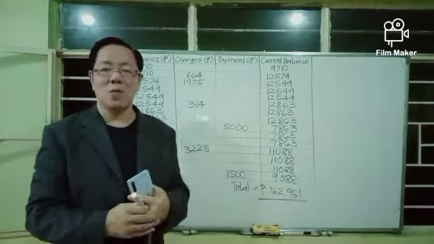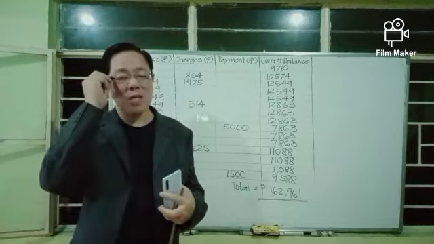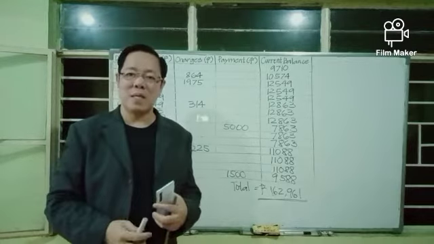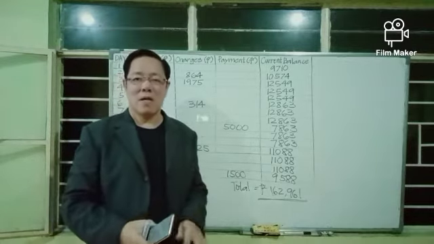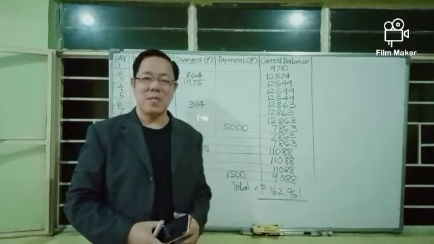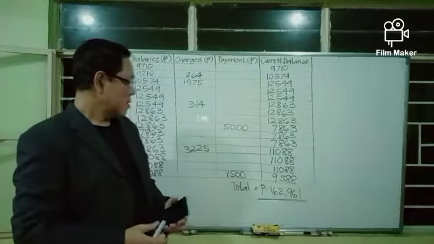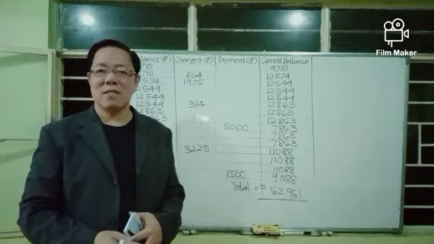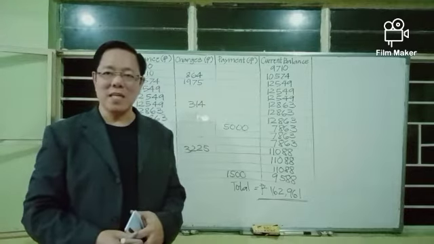This total amount, the total of the daily balances, we divide by 15 days because, as I said, our billing period consists of 15 days, to get the average daily balance, or ADB.